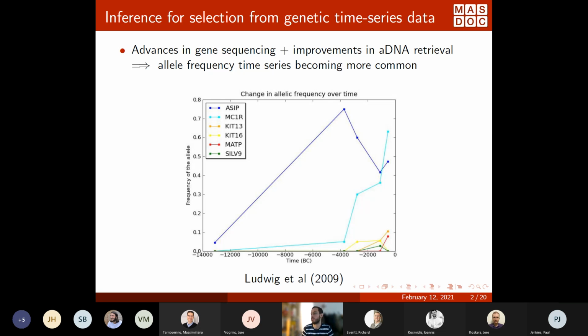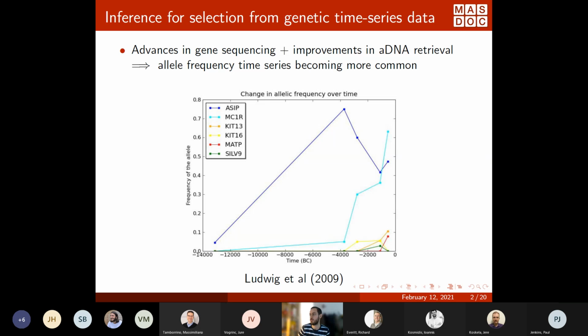This has given rise to these allele frequency time series, where I should say that aDNA just means ancient DNA, so it's DNA coming from fossils. And as you can see over here, I have a data set that is the Ludwig et al. 2009 data set relating to horses, and it spans back quite a number of years, because the first time points are 13,000 years before Christ, so that's roughly 15,000 years ago.